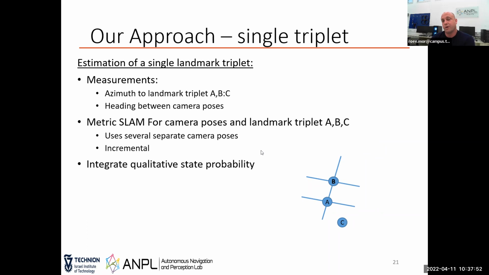We are using in our research azimuth measurements. So the camera just measures azimuth to the 3 landmarks. And then also heading, like we get a heading measurement between 2 camera poses. So it's not a complete motion model. It's much simpler, easy to implement in simple platforms.